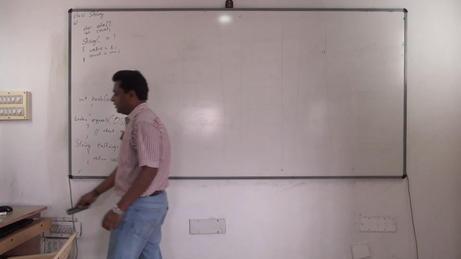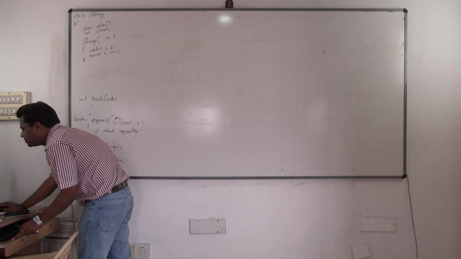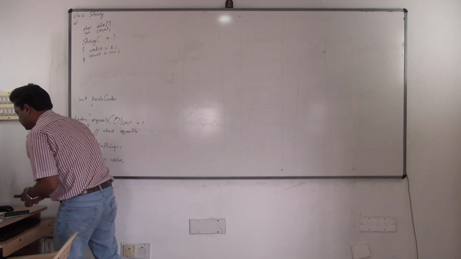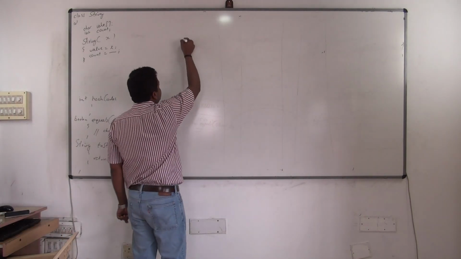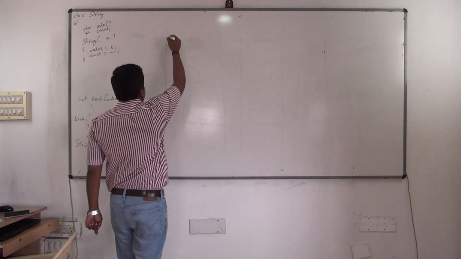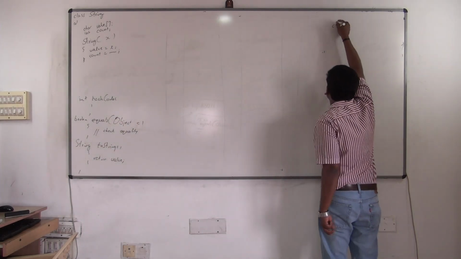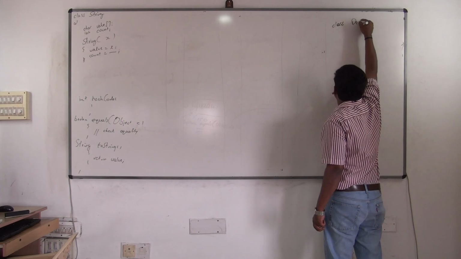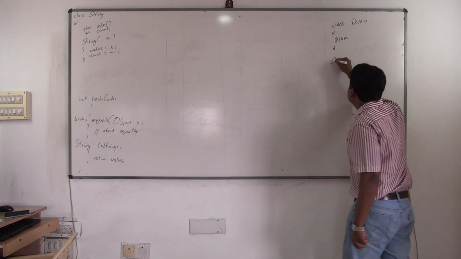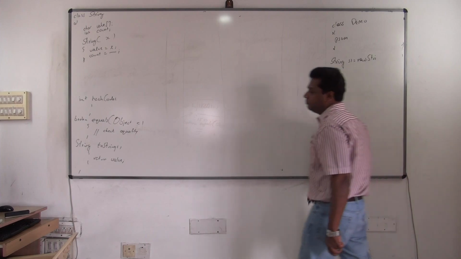I'll take some code now. Look at this. We are going to find out what's the difference between creating a string object with the new operator and without the new operator. See, the code would be this. I'll write the code here.